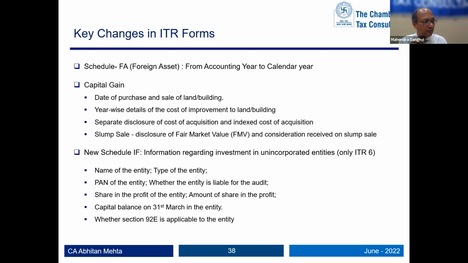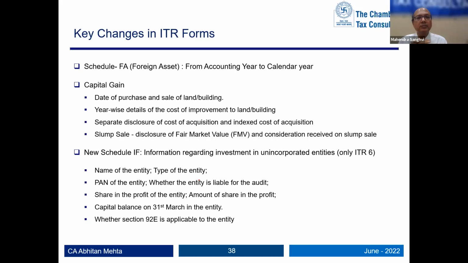Second, the disclosure in the context of capital gains has been increased quite a bit. For example, the date of purchase and sale of land and building are to be specifically mentioned. Year-wise details of cost of improvement and land are to be stated. There is separate disclosure of cost of acquisition and indexed cost of acquisition. Earlier, for long-term it was only indexed cost of acquisition.